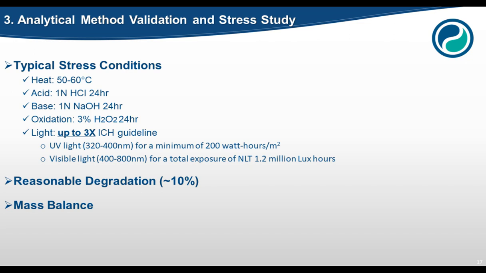For the light stress, the ICH guideline is followed, but in general, we can use stronger conditions up to 3 times the ICH guideline suggestion. When we perform forced degradation studies, we keep in mind to reach reasonable degradation of around 10%. 10% is also in line with the specification requirement in general.